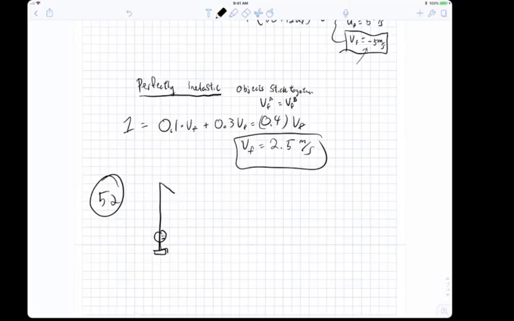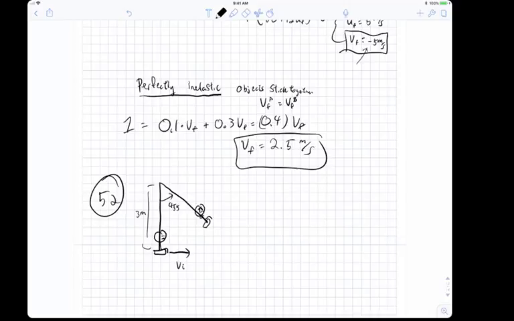The picture says that this angle is 45 degrees, and it says that this is 3 meters. What is her speed at the bottom of the arc if she swings out to 45 degrees before reversing direction?